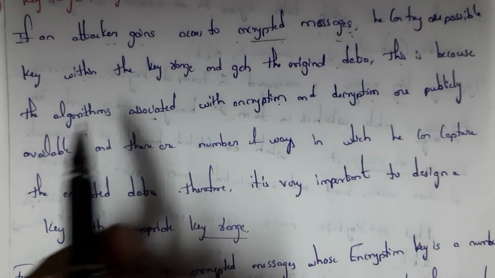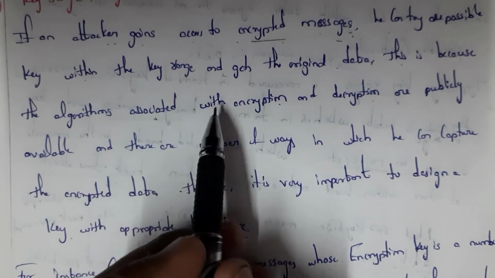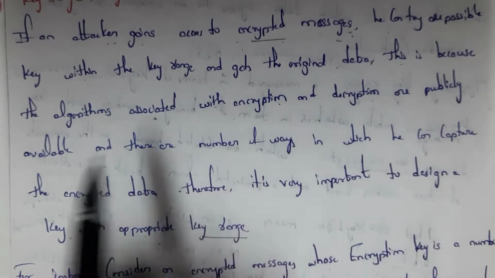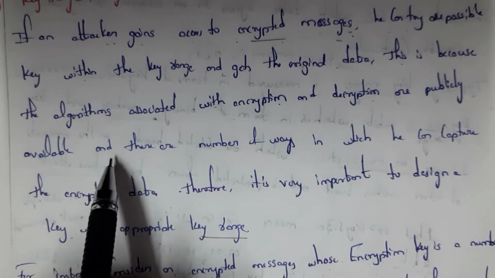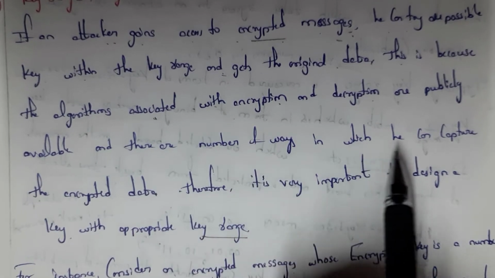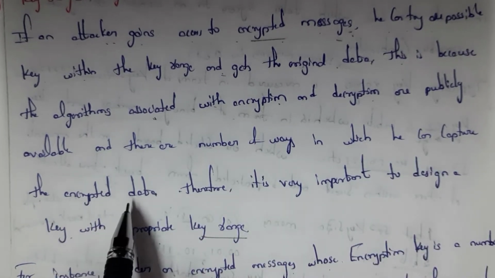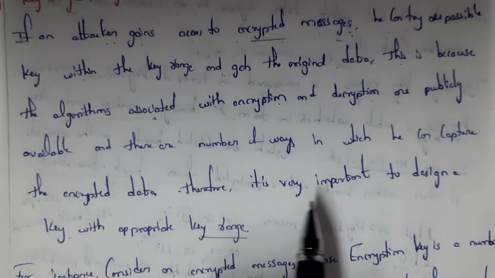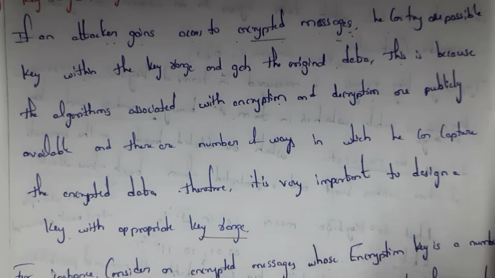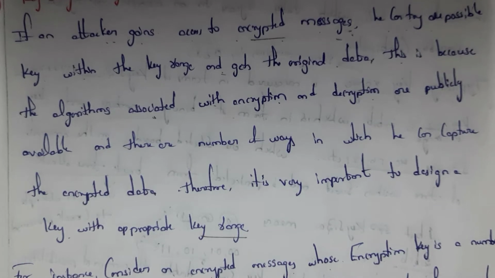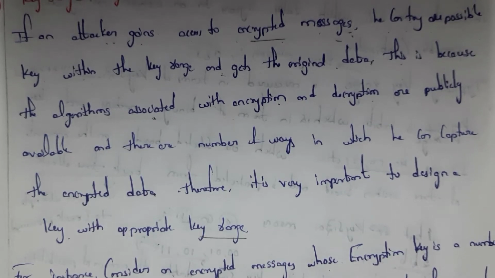This is because the algorithms associated with encryption and decryption are publicly available, and there are a number of ways in which he captured the encrypted data. Therefore it is very important to design a key with appropriate key range. There are so many algorithms available on the internet in order to get the password of users, in order to break an encrypted message.